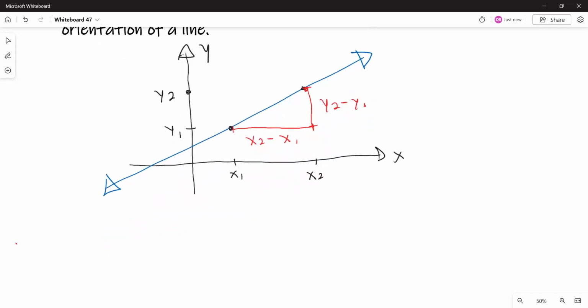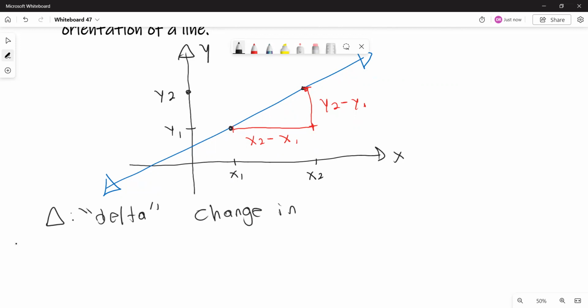So to define the slope, we're going to use this Greek letter delta. This Greek letter stands for delta, and it stands for change. The slope is then the rise over the run.